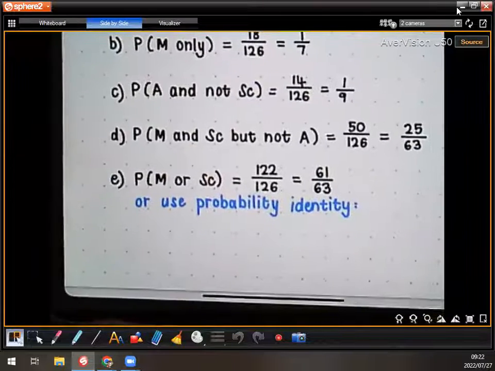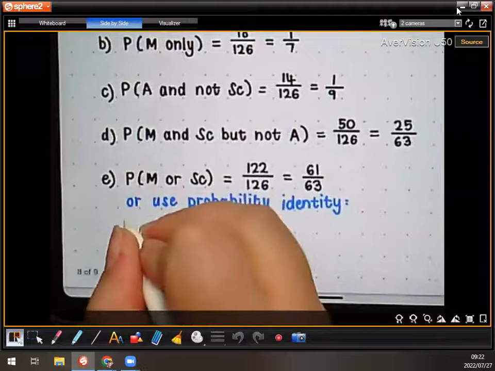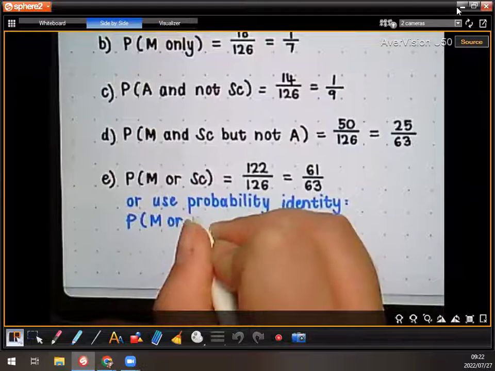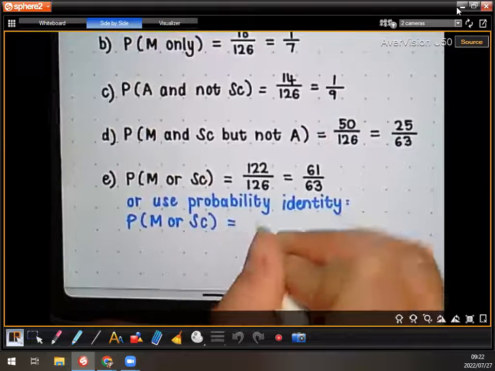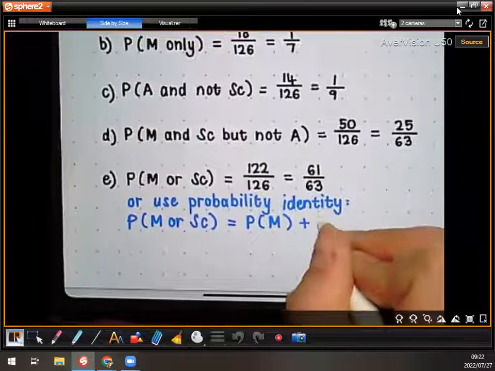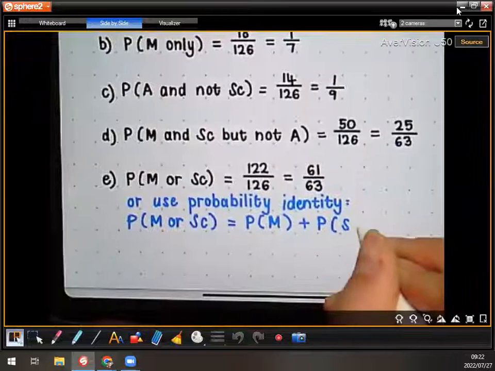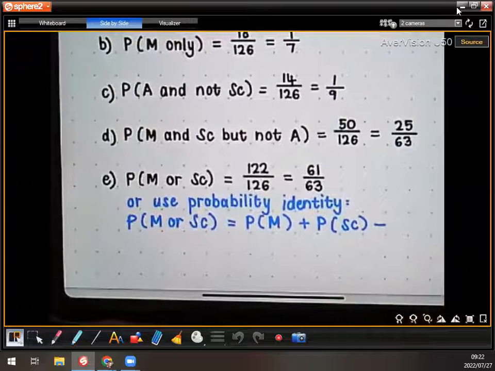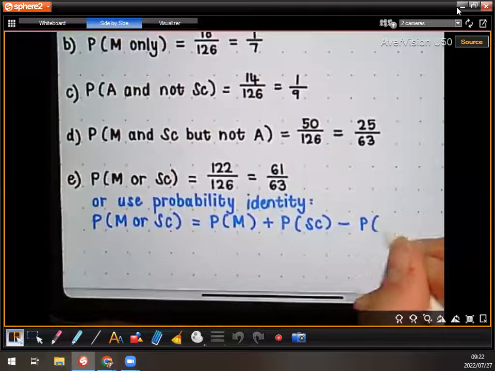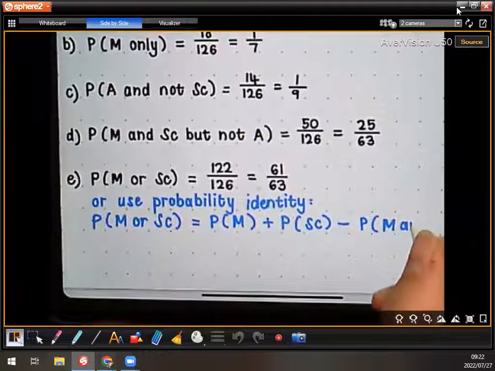I don't know if you guys remember the probability identity, but it says that the probability of maths or science is equal to the probability of maths plus the probability of science minus, can anyone remember? Maths and science.